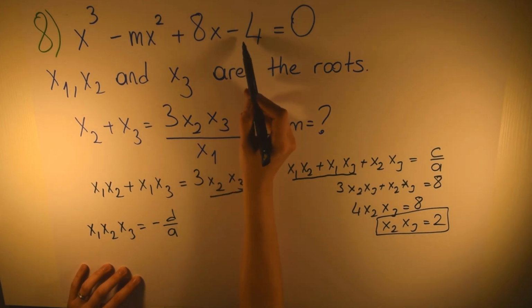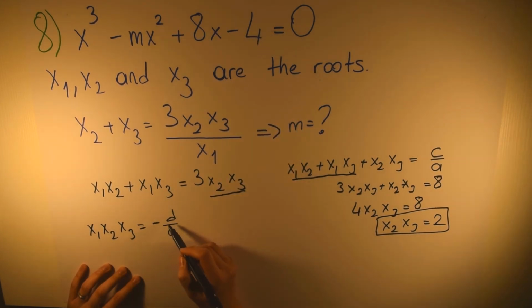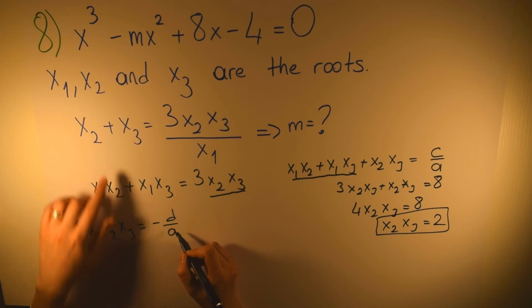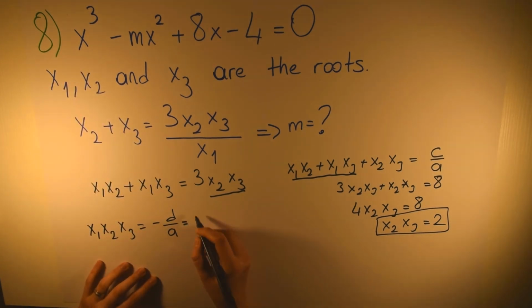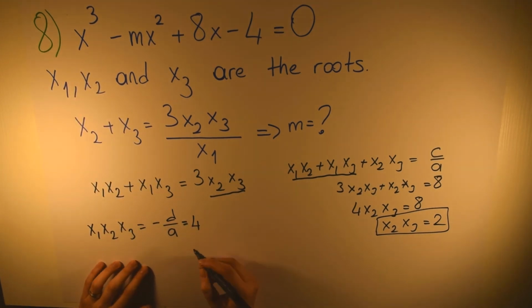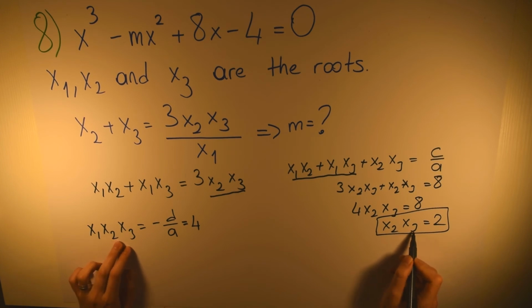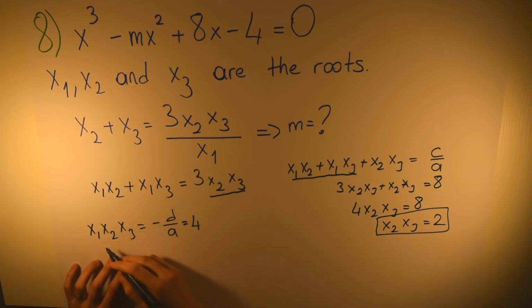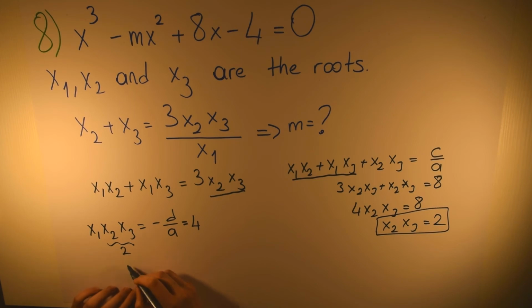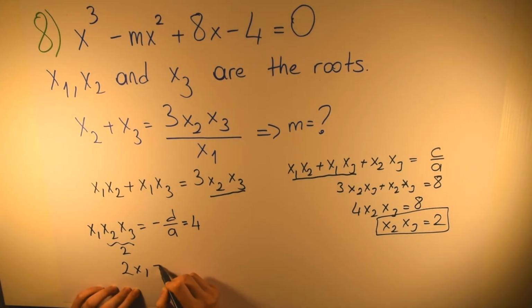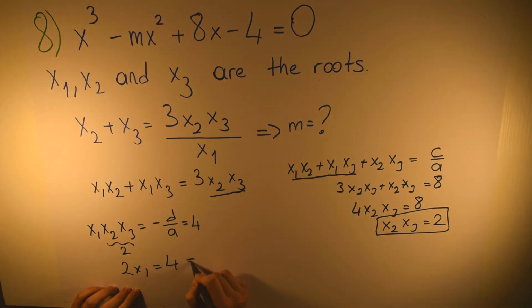So our d is minus 4, minus times minus 4, it's plus 4 over 1, which is equal to 4, right? So here, instead of x2 times x3, I can write 2. So here 2x1 is equal to 4, and from here I found x1 as 2.